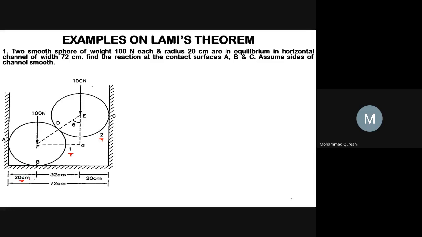Both spheres are in equilibrium in a horizontal channel of width 72 centimeter. Find the reaction at the contact surface, that is point A, point B, and point C. Assume the sides of channel to be smooth.